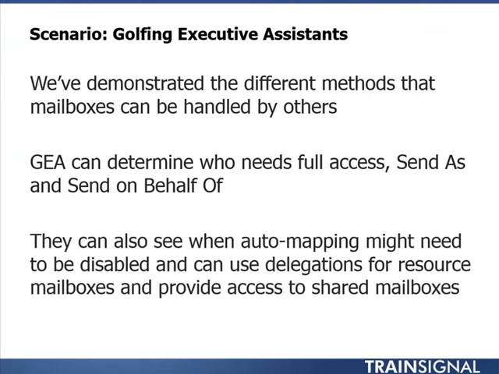They can also see when auto mapping might need to be disabled, and they can use delegations for resource mailboxes, as well as provide access to shared mailboxes. They're happy and they feel confident that they can work with Exchange 2013. They're also pleased to know that these features like site mailboxes are included with SharePoint 2013, and so when they have clients using Office 365, they'll be able to work with those as well.